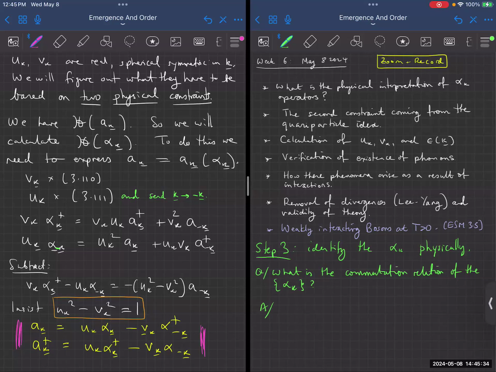So we're going to simply compute alpha k, alpha k dagger, and we can write that in the following form.